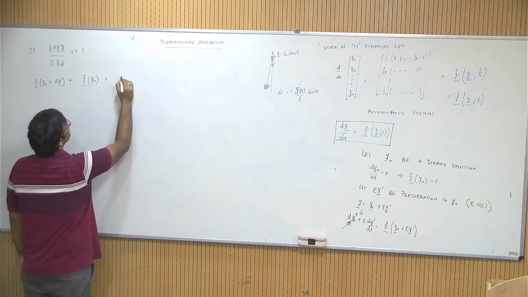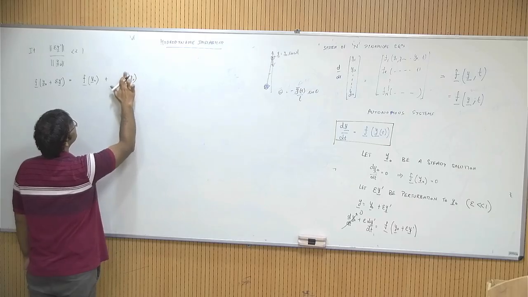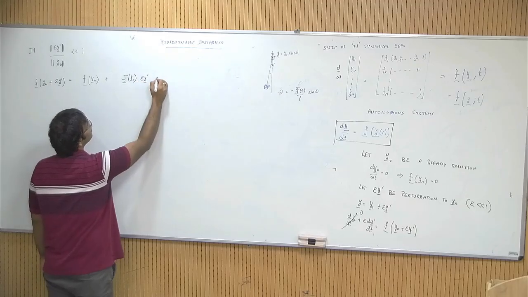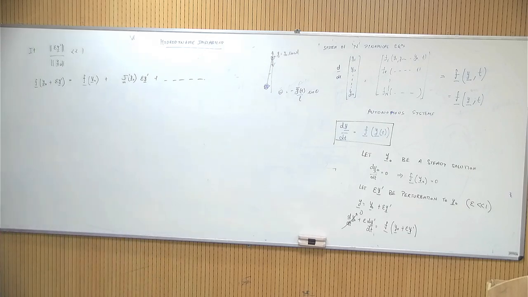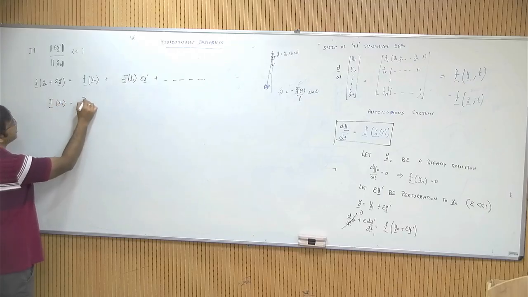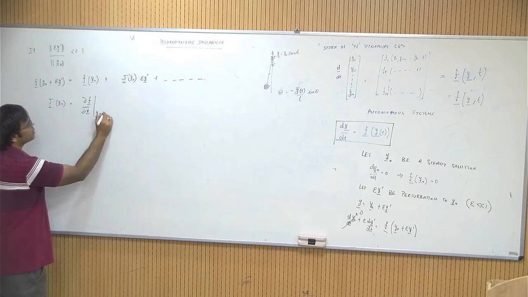You have to write it like this, where this is a matrix A evaluated at y naught, or let's call it J, times epsilon y prime plus higher order terms. And this J is evaluated at y equals y naught.